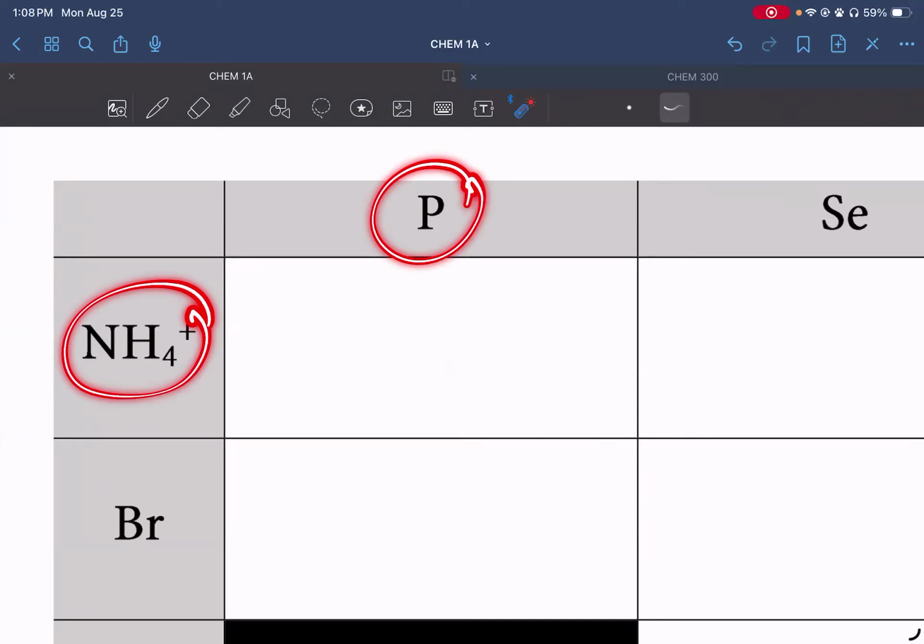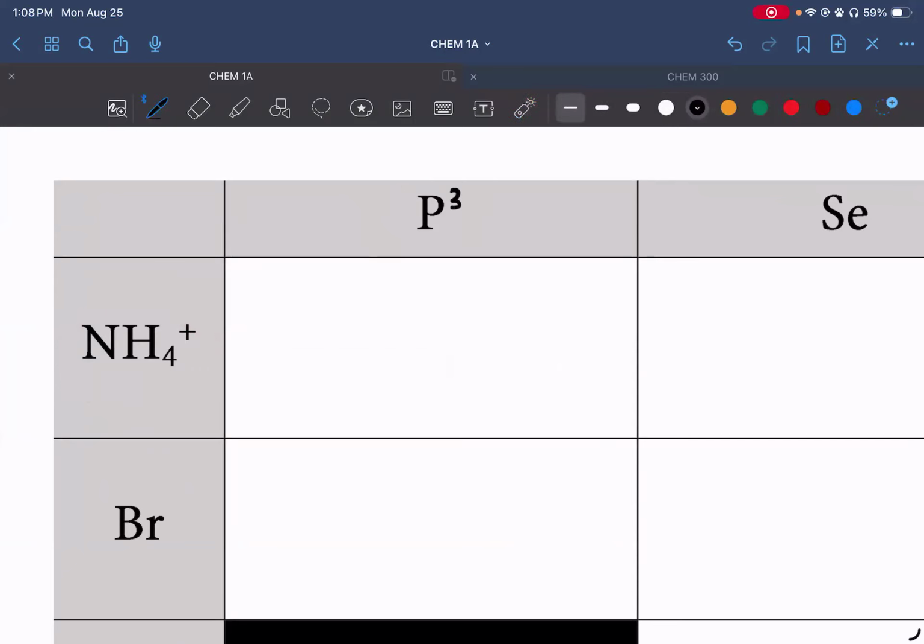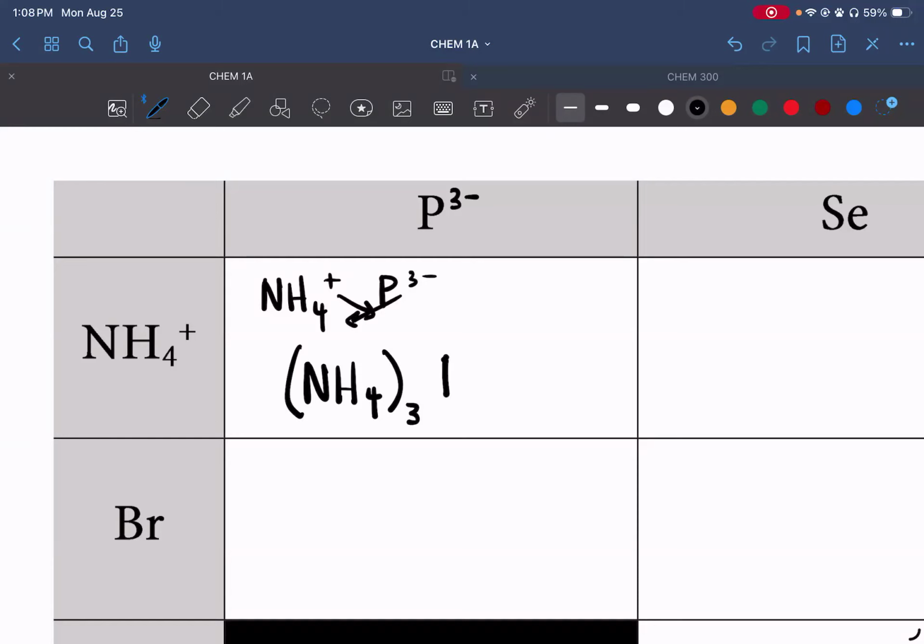P is in group 15, so it is 3-. When we put these together, NH4+ and P3-, the crisscross leads us to NH4 in brackets with a 3 and then the phosphorus.